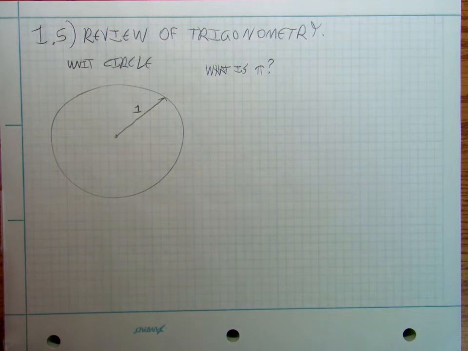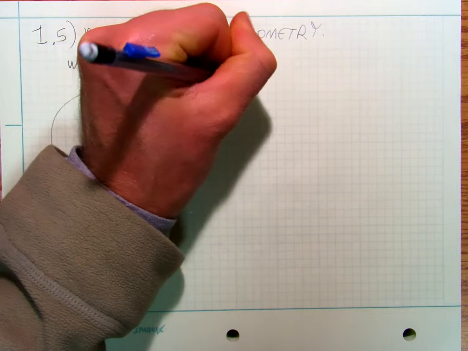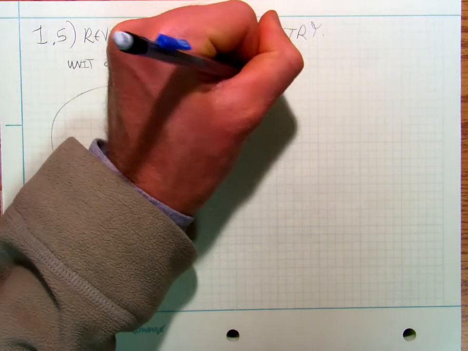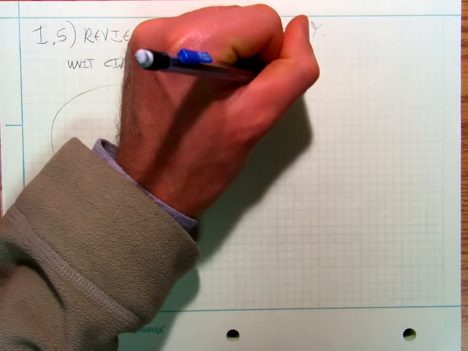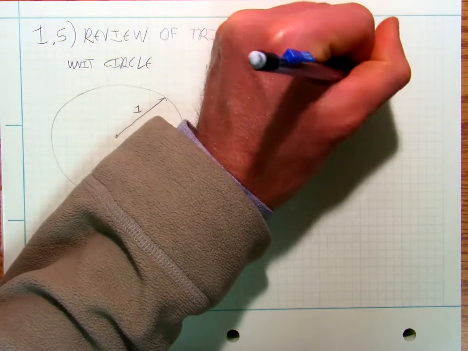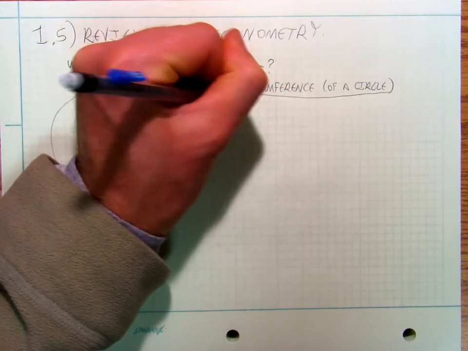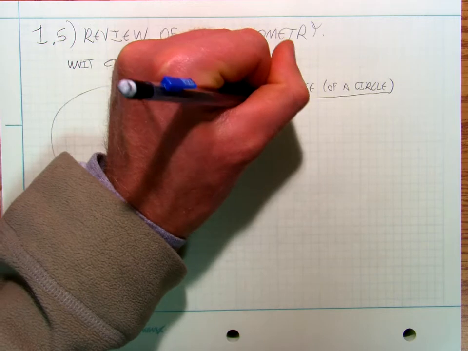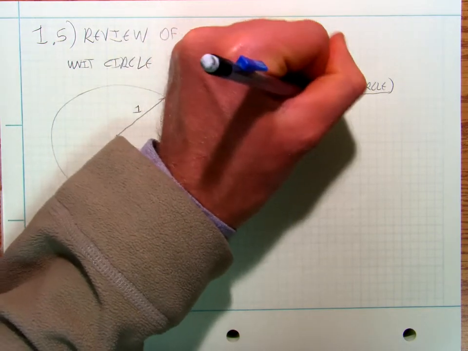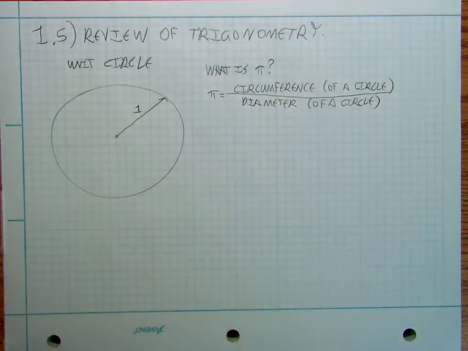Some of you know. Pi is the circumference of a circle divided by the diameter of a circle.